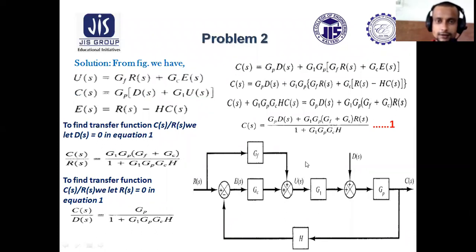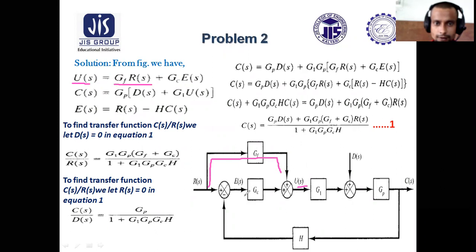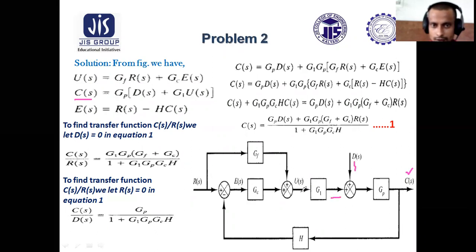Now see here, how to write this equation. This is US. So US equals to RS into GF plus GCS into ES. So this is US. Similarly, CS equals to what? This is CS. CS equals to, see, this is DS signal and this is GI into US.